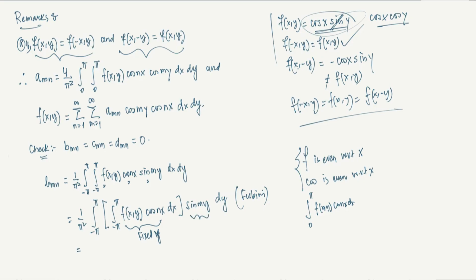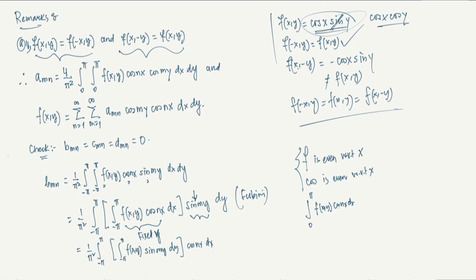From Fourier, if you multiply it out, this is again equal to 1 by pi square, integral from minus pi to pi, integral from minus pi to pi of f of x,y sine my dy and then cosine nx dx. Again the same thing happens: by Fourier, this and the original integral are the same.